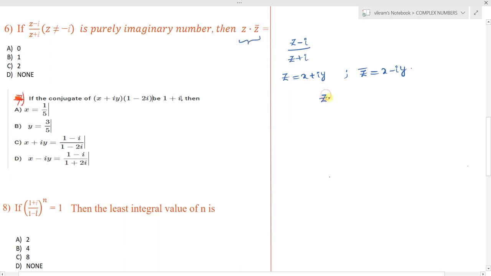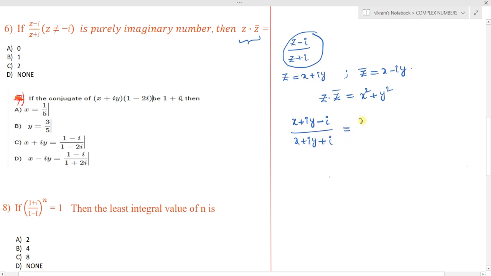So z into z conjugate we will get as x square plus y square. This is the condition we need to obtain from the given expression (z minus i) by (z plus i). So now I am substituting: z minus i is x plus iy minus i, and z plus i is x plus iy plus i.